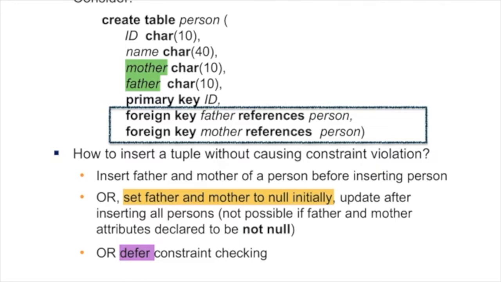So another thing is you can insert the child, for example, and then you set the father and mother to null initially and then just update the record upon insertion of the mother and the father. Otherwise, you can just defer the constraint checking here.